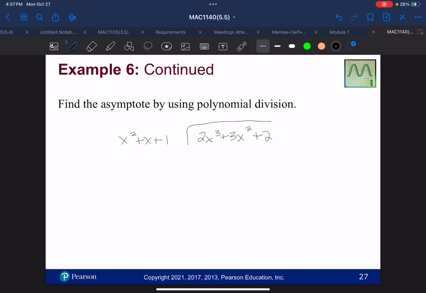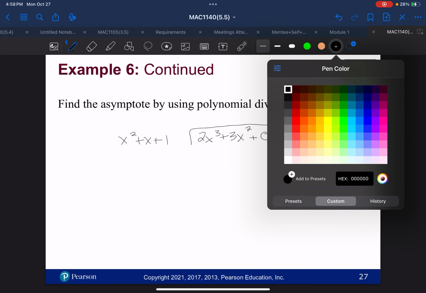Now you can put a 0 marker here in between 0 and 2 since I don't have an x term. But really when you're doing long division, it doesn't matter a whole lot. Oh, I'm so sorry.